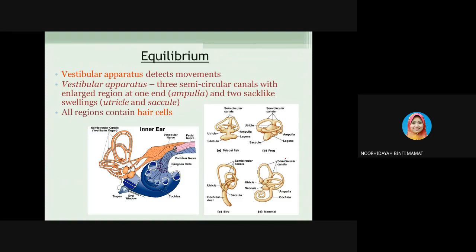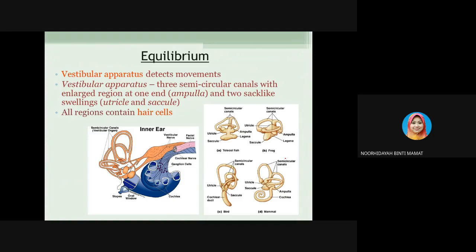Okay, so these are examples of different animals. We have the tailless fish, frog, birds, and also mammals. So as you can see from here, these are the semicircular canals. So they have the ampulla and also the utricle and saccule in the tailless fish.